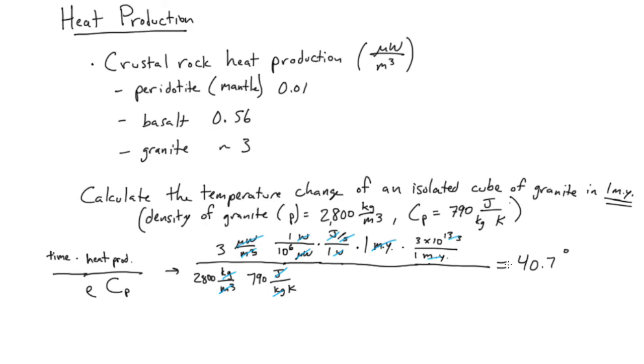Okay, so it just gives you a sense of the magnitude of how much heat is generated by radioactive decay. So quite a bit, actually. A 40-degree temperature change in just 1 million years in granites. You could do a similar calculation for mantle rocks that have much lower content of radioactive elements.